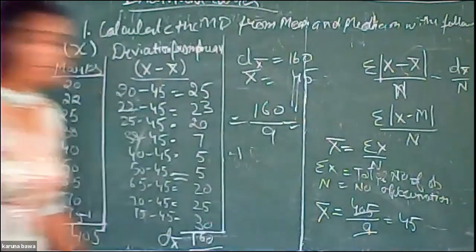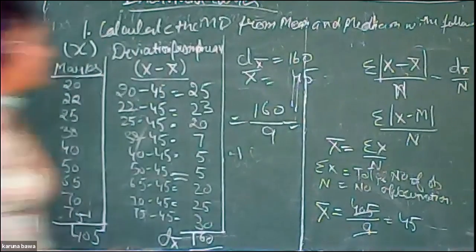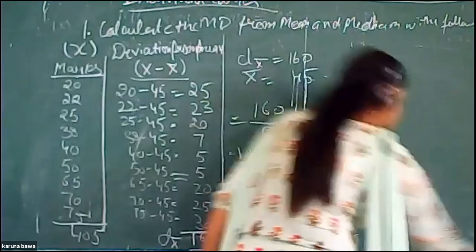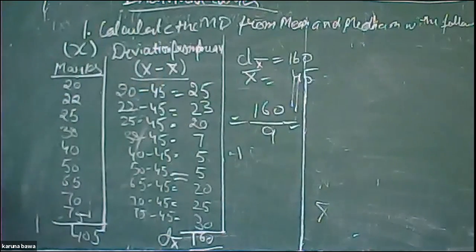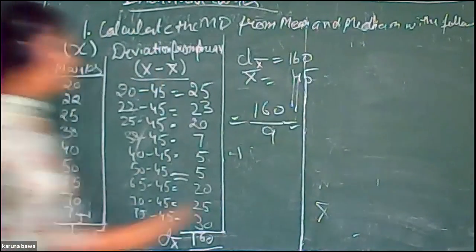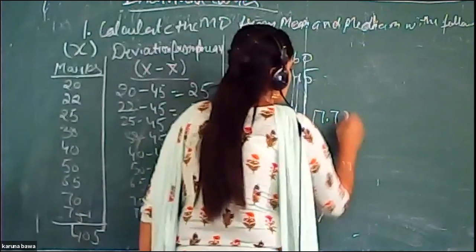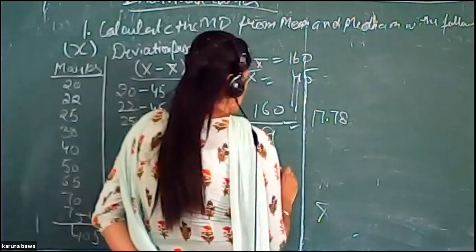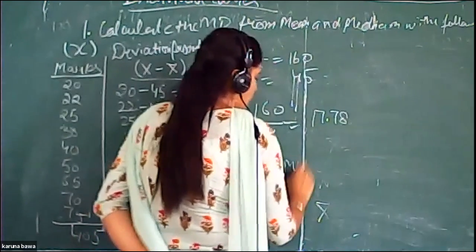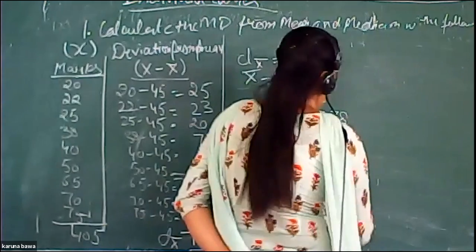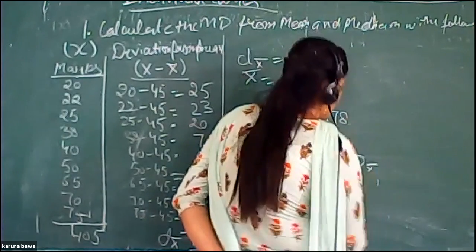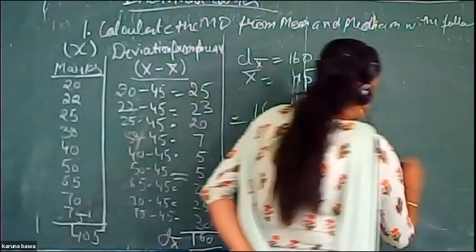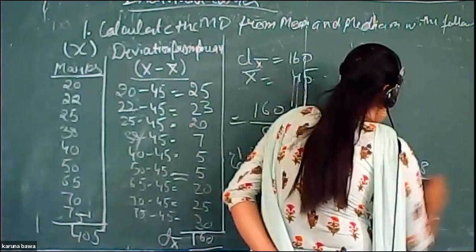So basically, we divide the value: 160 divided by 9. That is 17.7. After this, the coefficient of mean deviation from mean is mean deviation divided by mean. 17.78 divided by the mean value.